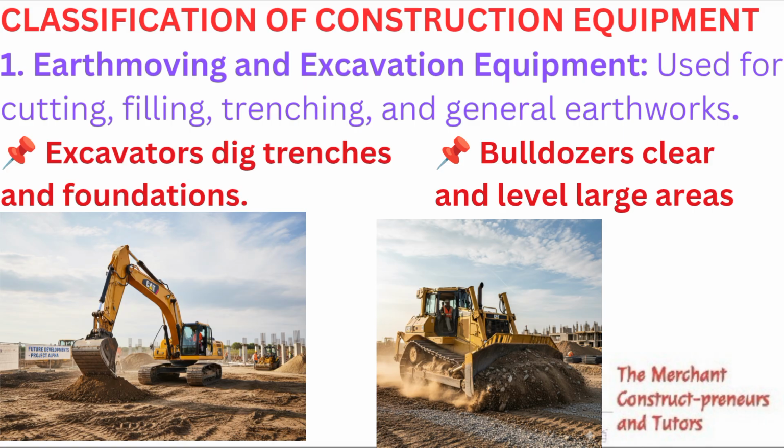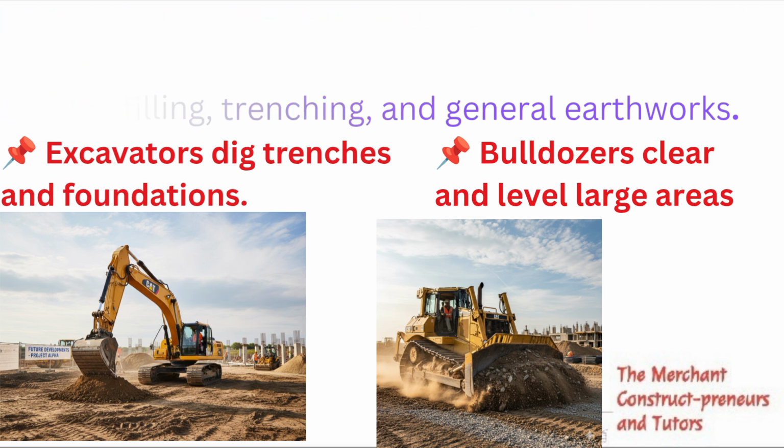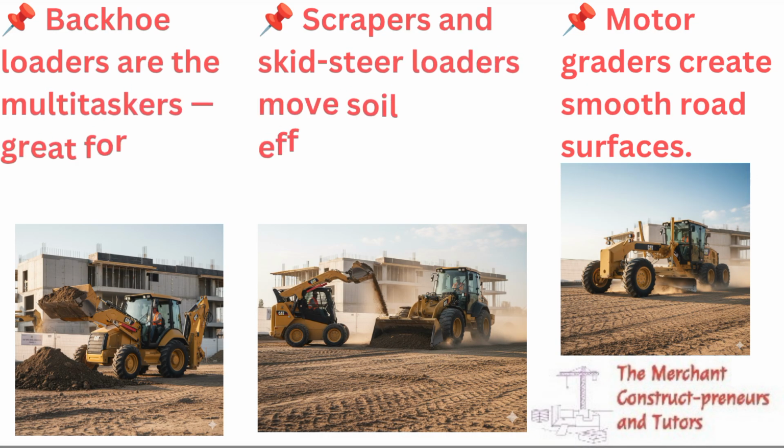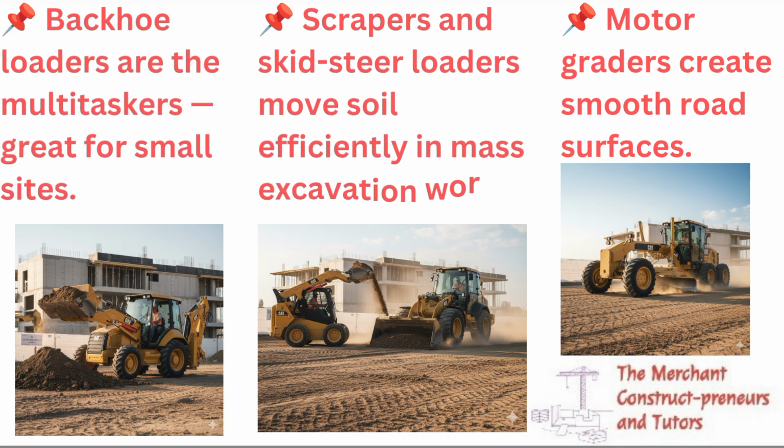So these are earth moving equipment. We also have other examples behind. Depending on the type of job or what you want to achieve, the excavator does its own job. The bulldozer clears in case you have a large area with trees and weeds. You need to clear that so that you have your site to yourself, right?